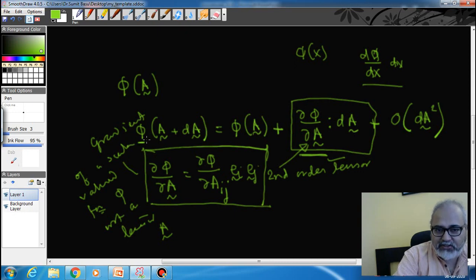Here on the left you have a scalar quantity. So the first term in the Taylor series expansion should give you a scalar quantity, and that means you have to look at the order of this. If this is a third order tensor and you need a scalar, then you need the operation correctly defined so that it gives you a scalar.